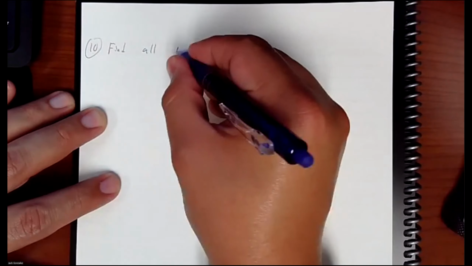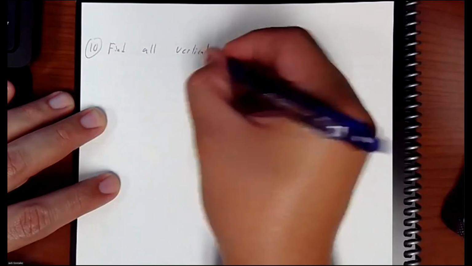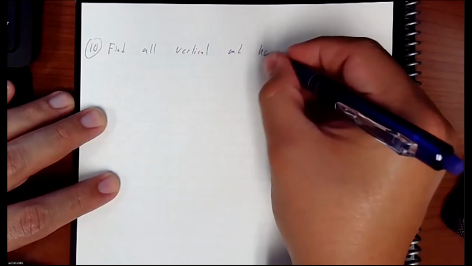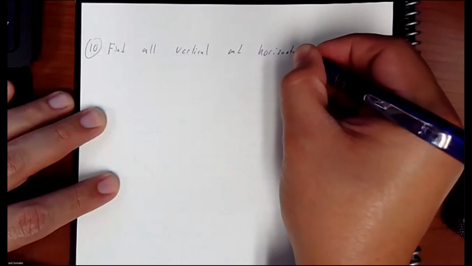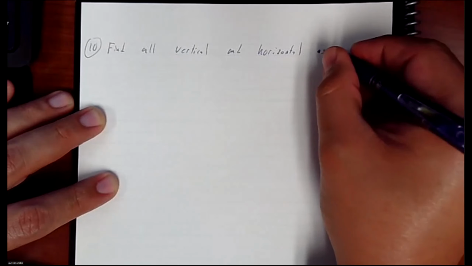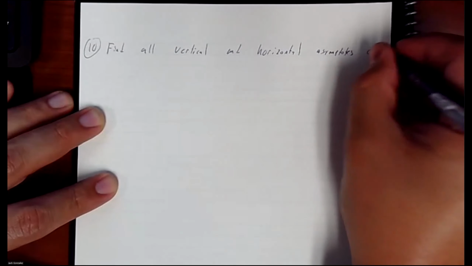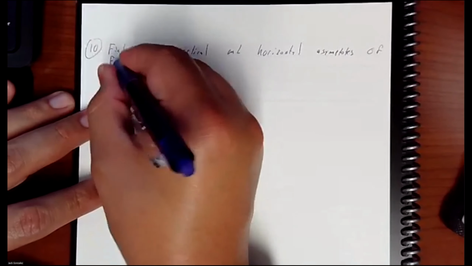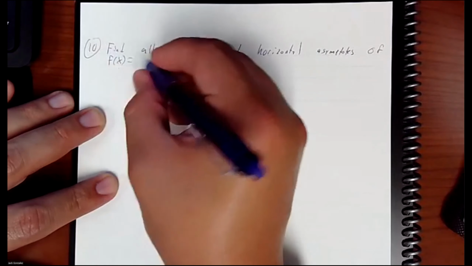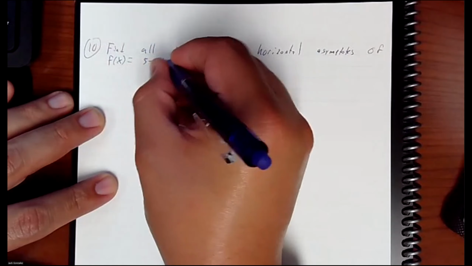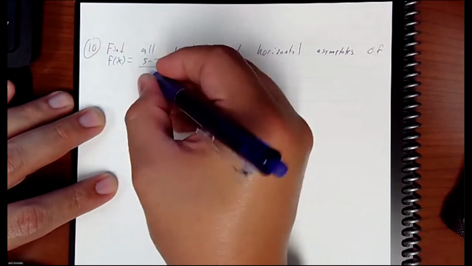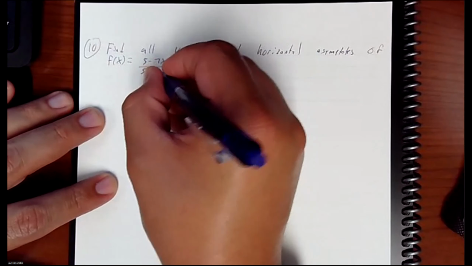Find all vertical and horizontal asymptotes of f of x equal to 5 minus 7x over 5 plus 9x.